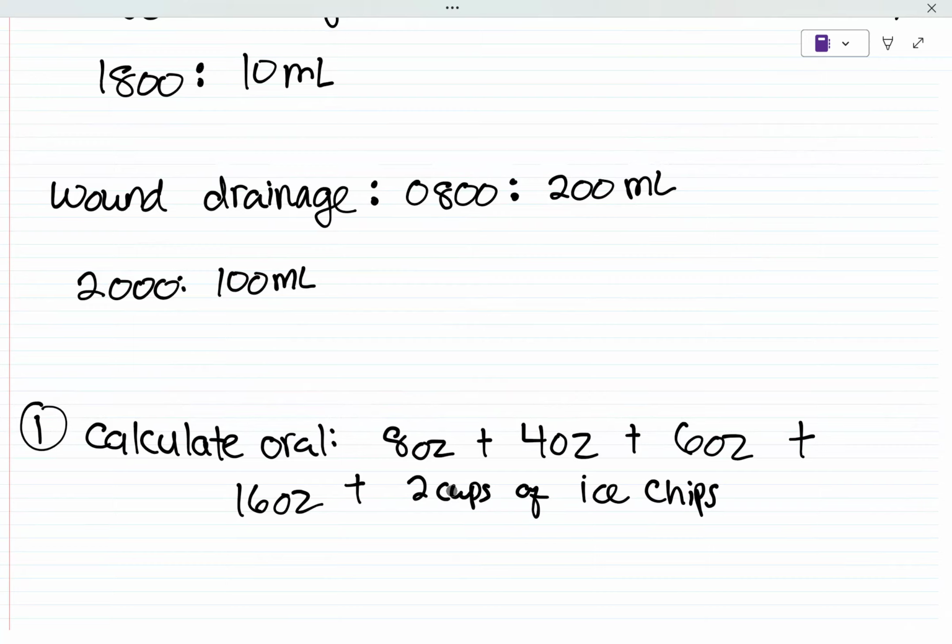So that would be plus 8, because that's one half of a volume. So 2 cups of ice chips is half a volume.